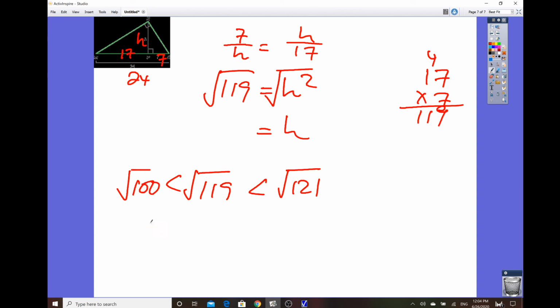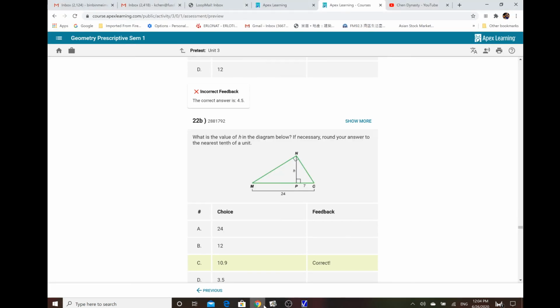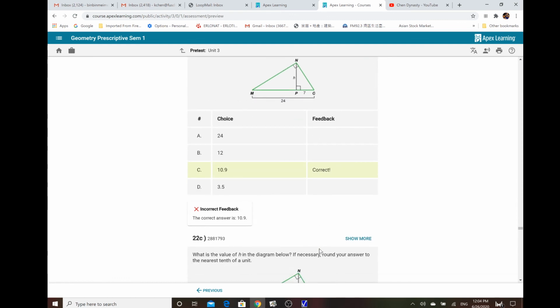So the square root of 100 is a perfect square, which is 10, and this one is 11. That's why this number is bounded right between 10 and 11. So according to the selections we found here, the one that's right between 10 and 11, there's only one selection, which is 10.9.